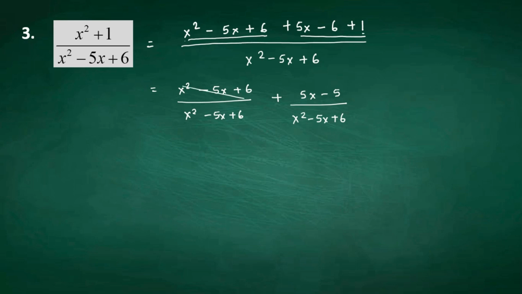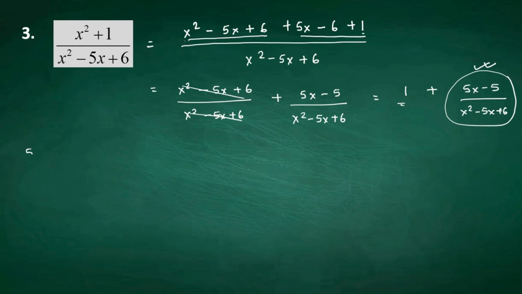So as you can see, you can cancel off this and just write it as 1 plus 5x minus 5 over x square minus 5x plus 6. So this is now your proper rational fraction and you will keep 1 as it is. Okay, so now our objective is to solve this.